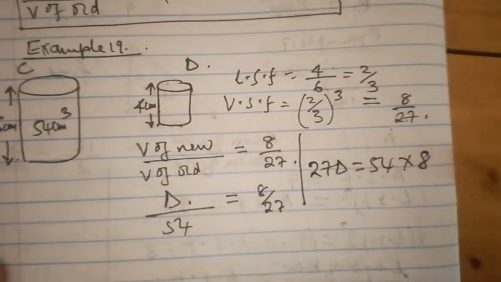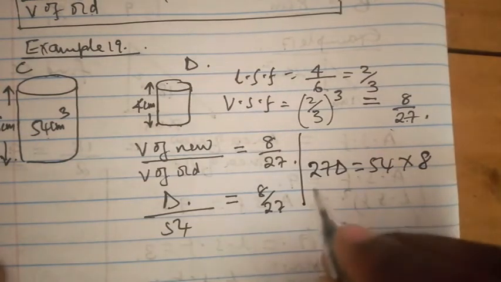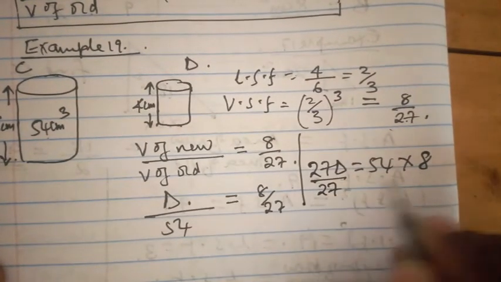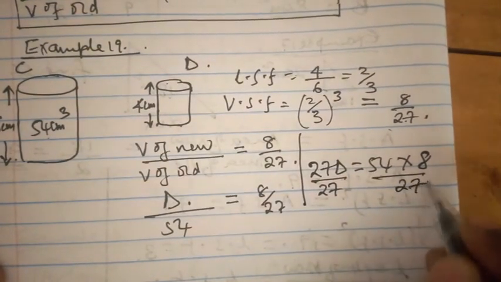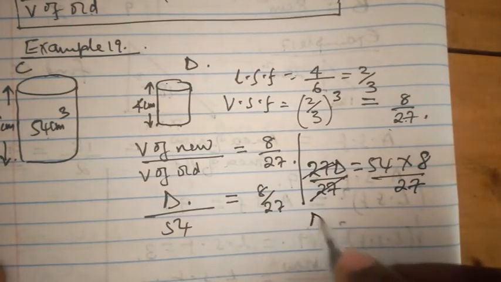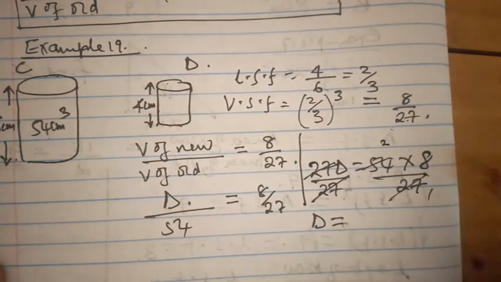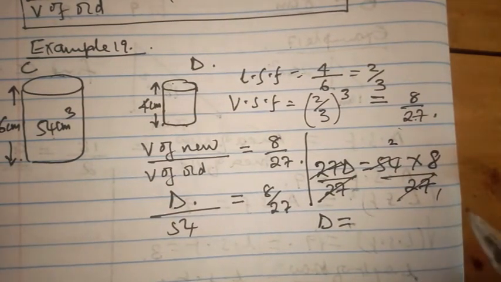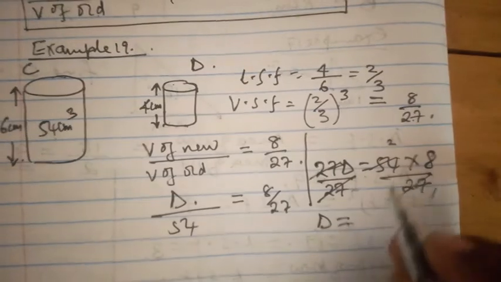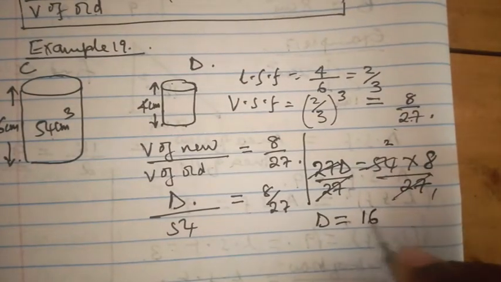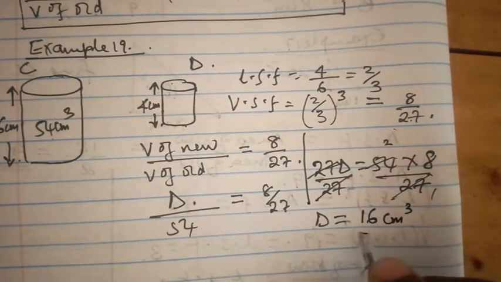If you now want to make D the subject of the formula, you divide both sides by 27, and clearly your volume of D is 2 times 8, which is 16 centimeter cubed.